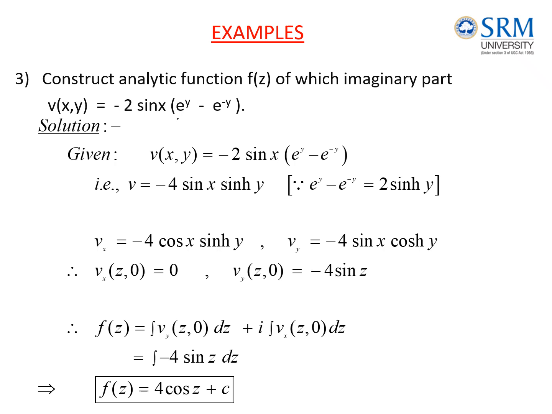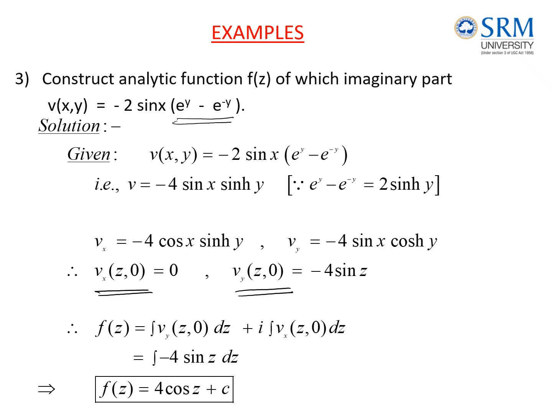This exponential term has been rewritten in terms of the hyperbolic function sinh y, because e^y minus e^(-y) is 2 sinh y. After rewriting, differentiation will be easy. Differentiate partially with respect to x and y, then find vx and vy at the point (z, 0).